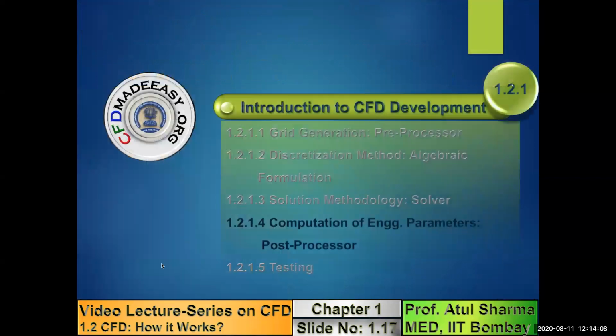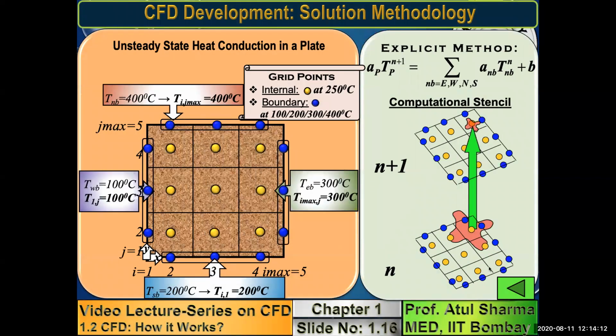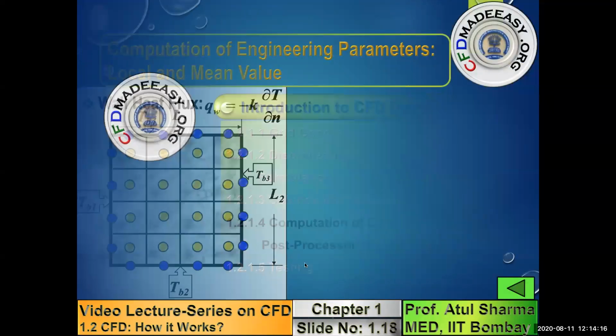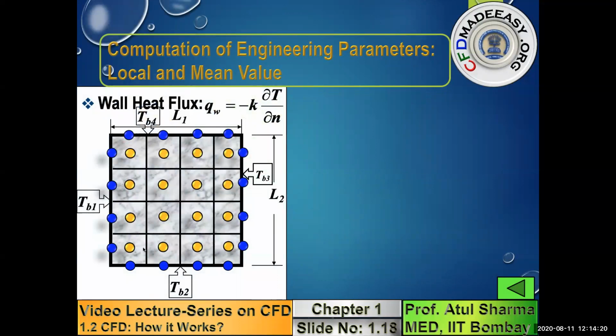Now, to calculate the rate of heat transfer, first you will calculate the heat fluxes. You will calculate the Qy at this blue circle, and then you will calculate Qy here, here, and here.